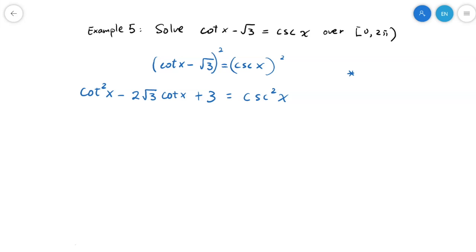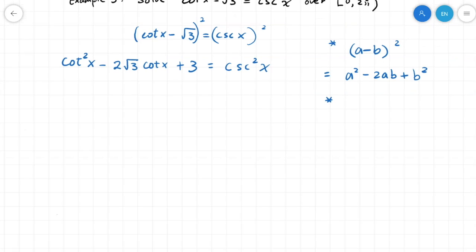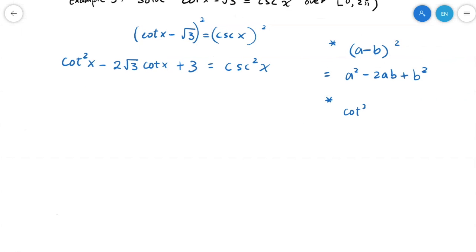Just really quickly, a minus b quantity squared equals a squared plus or minus 2 times a times b plus b squared. And then the identity I'm going to use is cotangent squared plus 1 equals cosecant squared.